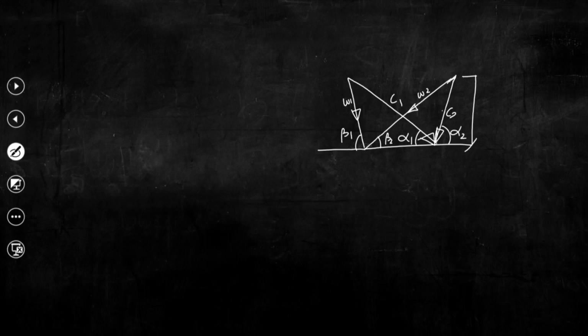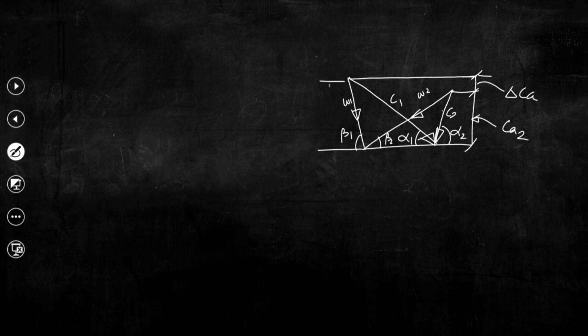You know that this is W2 and this component is delta Ca. This is Ca2 and this is Ca1. If we name the points, this is A, this is B, this is C, and this point is D, and this is the relative velocity at the exit W2.